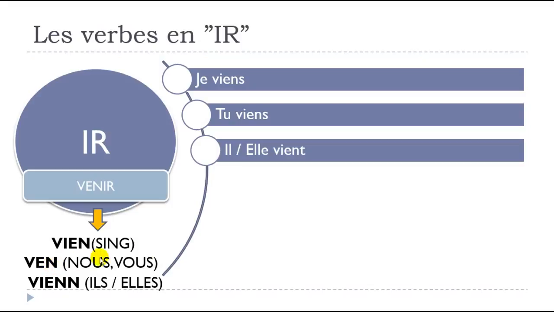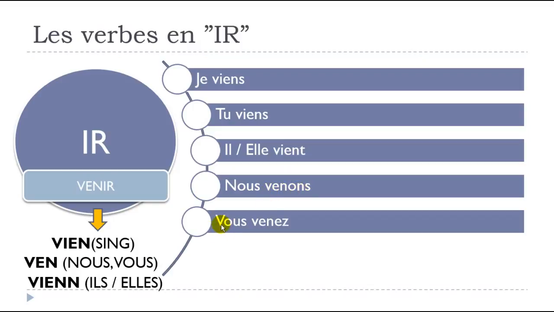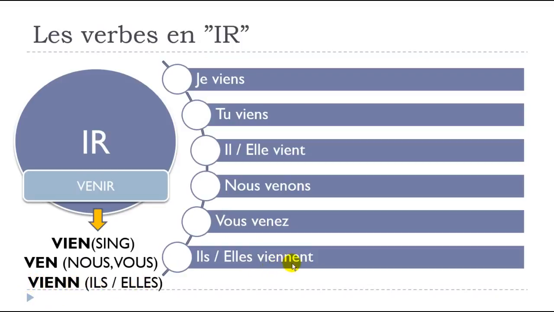So that's what we are going to do. Nous venons. You put back this VEN, and after that you put your ending ONS. Nous venons, then you get vous venez. And the last one, remember, for il, elle at the plural form, you use this VIENN here, and then you add the ending ENT. Ils viennent, elles viennent.